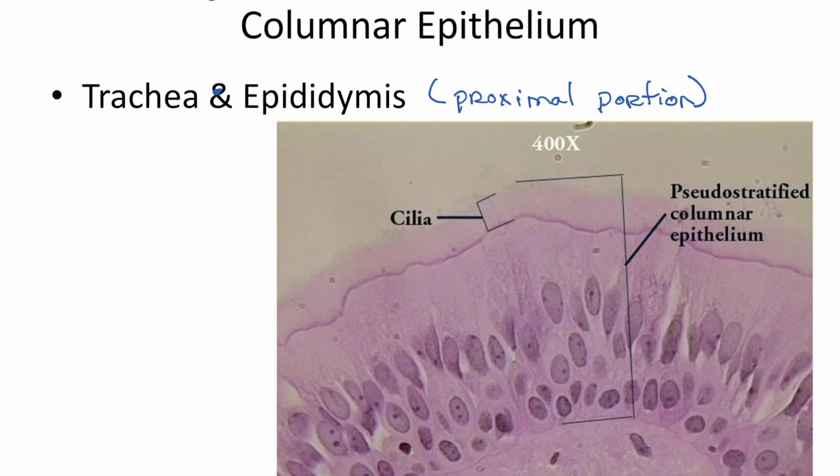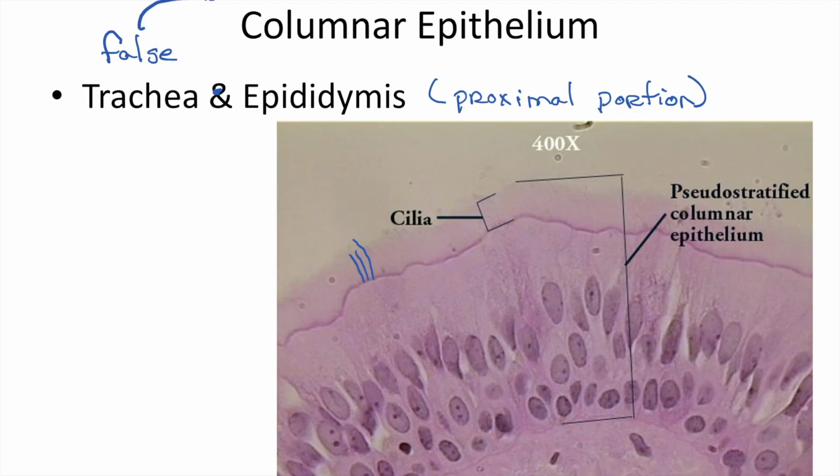Remember the prefix pseudo from Bio 105? Pseudo means false. So pseudostratified means false stratification. Cilia refers to the cilia that are coming up from the surface of the cell. And columnar refers to the shape of the cell.